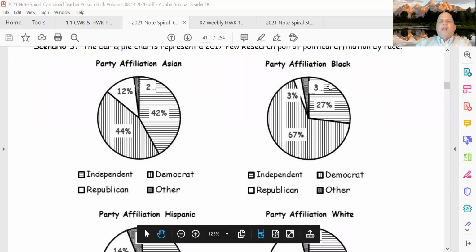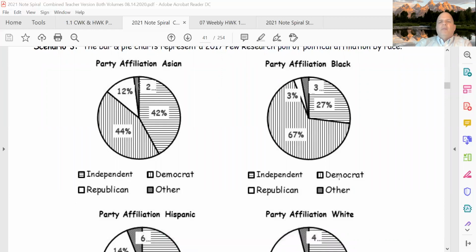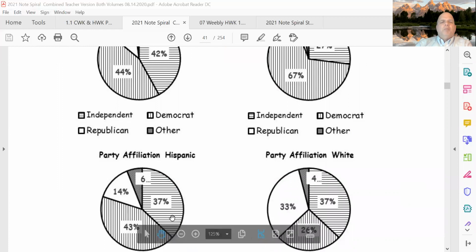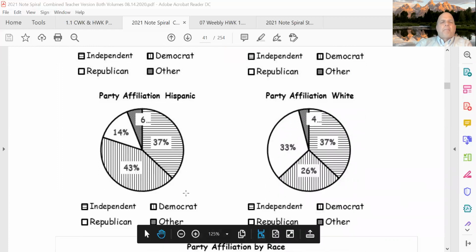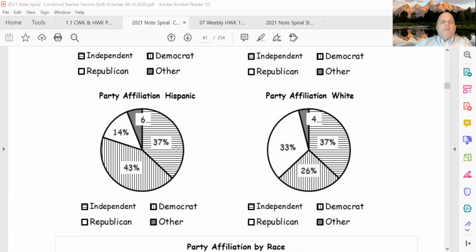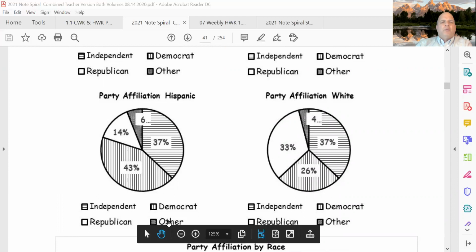We see that on the black, we have 3% are other, 67% are Democrat, 27% are independent, and 3% are Republican. Hispanic, we're seeing that 37% are independent, 43% are Democrat, 6% other, 14% Republican.